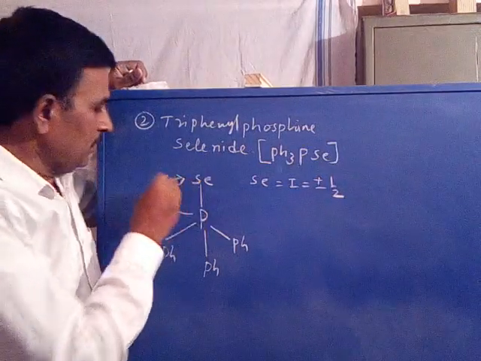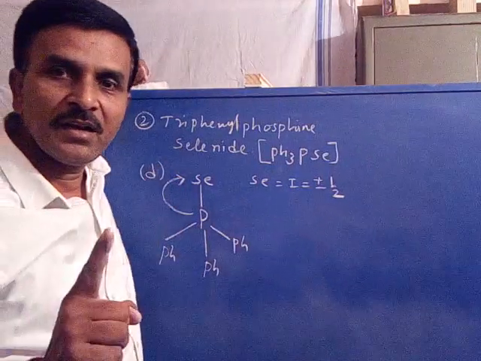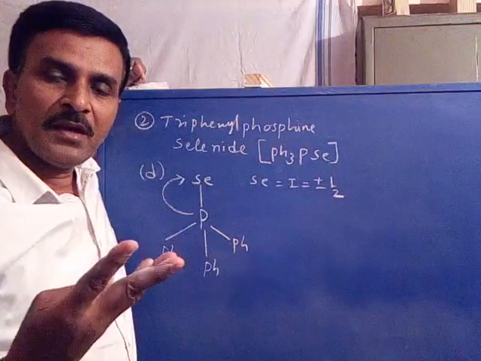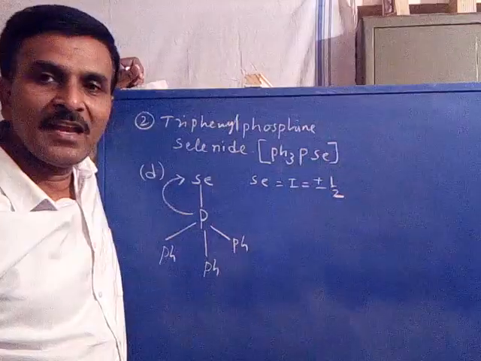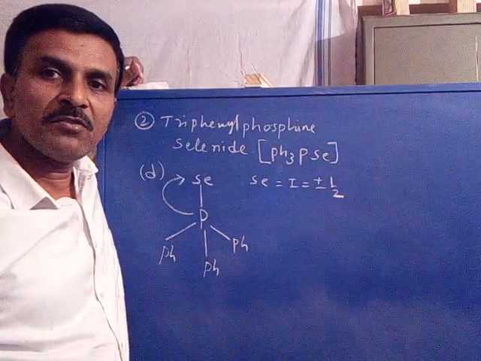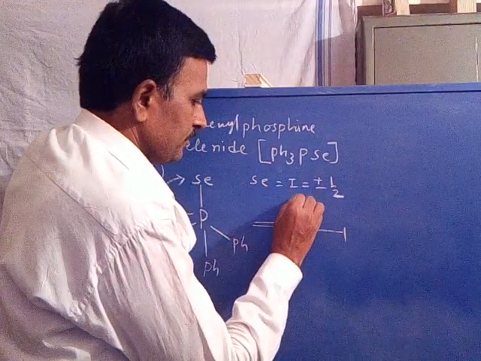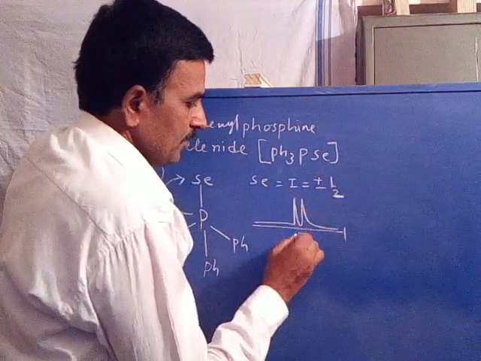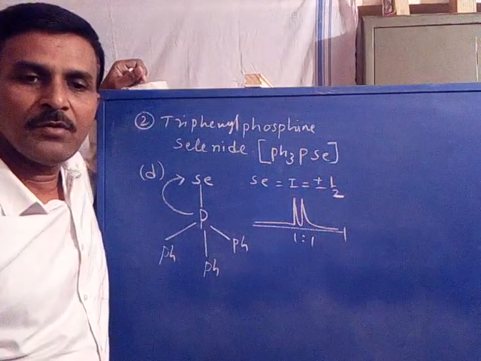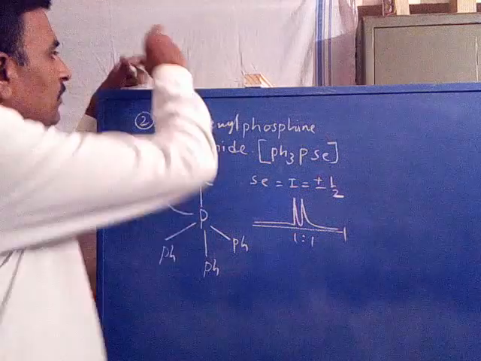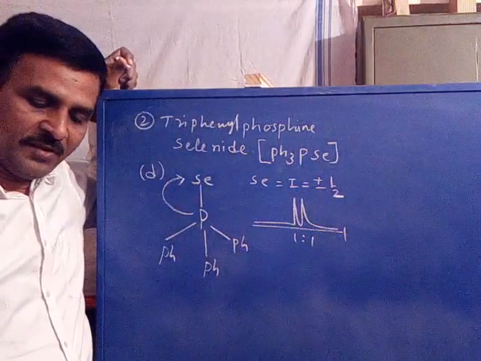Therefore, according to n plus 1, 1 plus 1, the phosphorus signal appears as a doublet with 1:1 intensity. So this is the 31P NMR spectrum for triphenyl phosphine selenide.